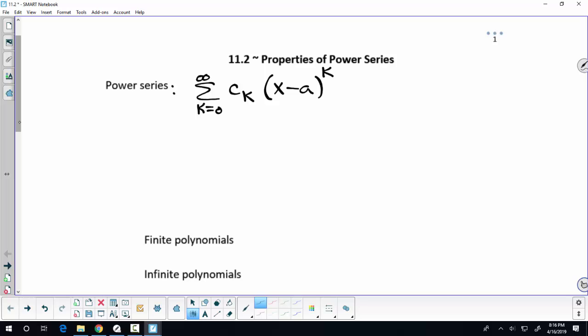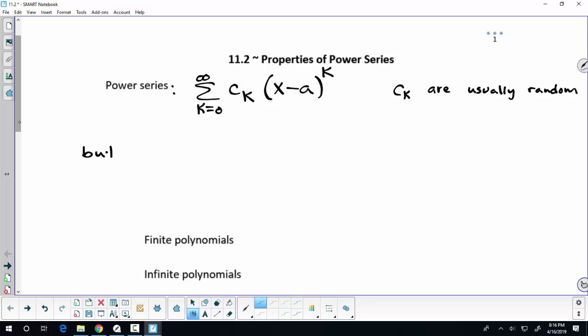In a power series, these c sub k's are usually random, meaning there's really no specific order or formula for the coefficients.